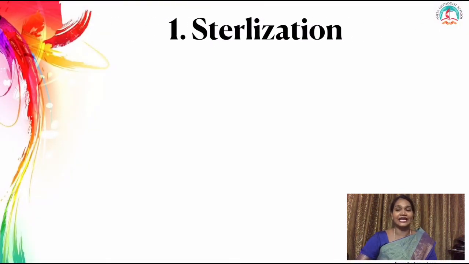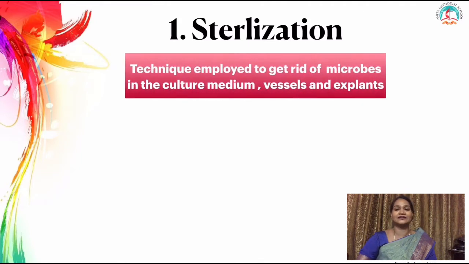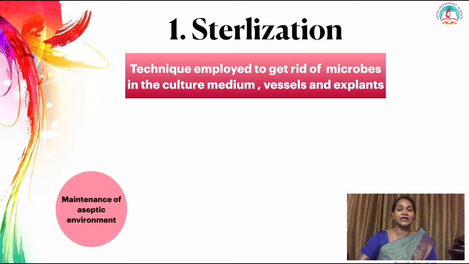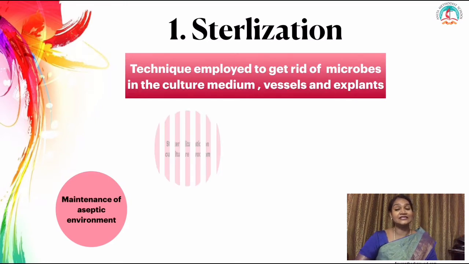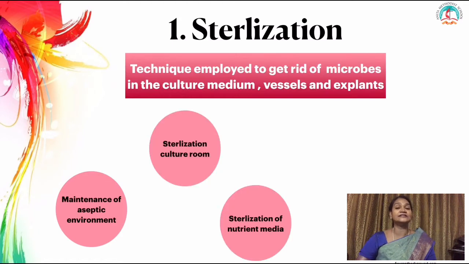It's a technique employed to get rid of all the microorganisms, virus or bacteria in the culture medium, the vessels and even from the explants. So what are the steps involved in sterilization? Here the maintenance of an aseptic environment. The sterilization room and culture room play a very major role here. The sterilization of nutrient media and the sterilization of explants. All these occur under sterilization conditions.